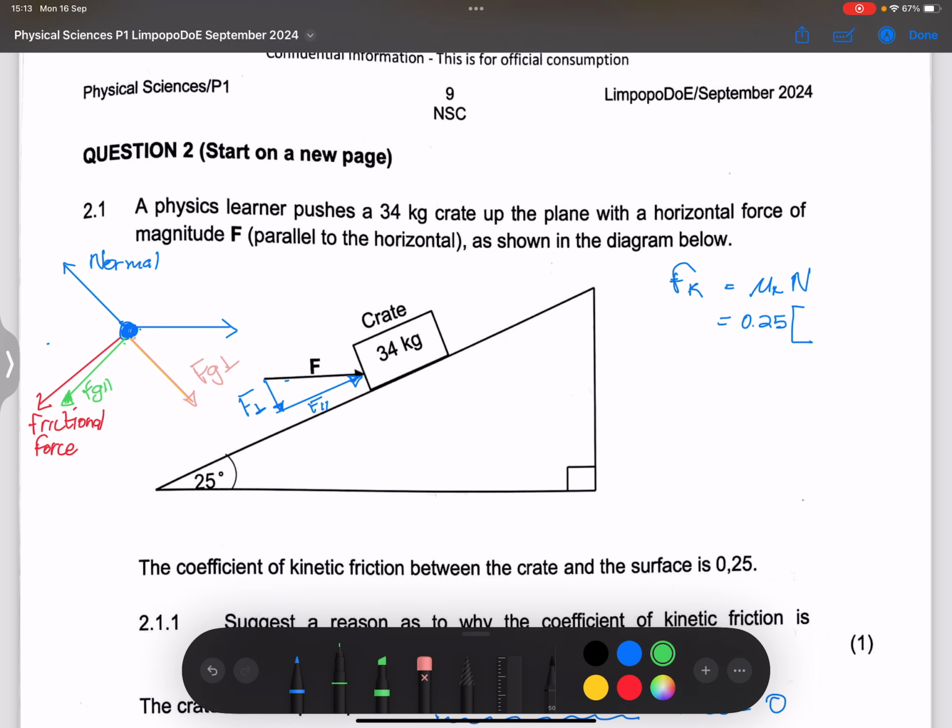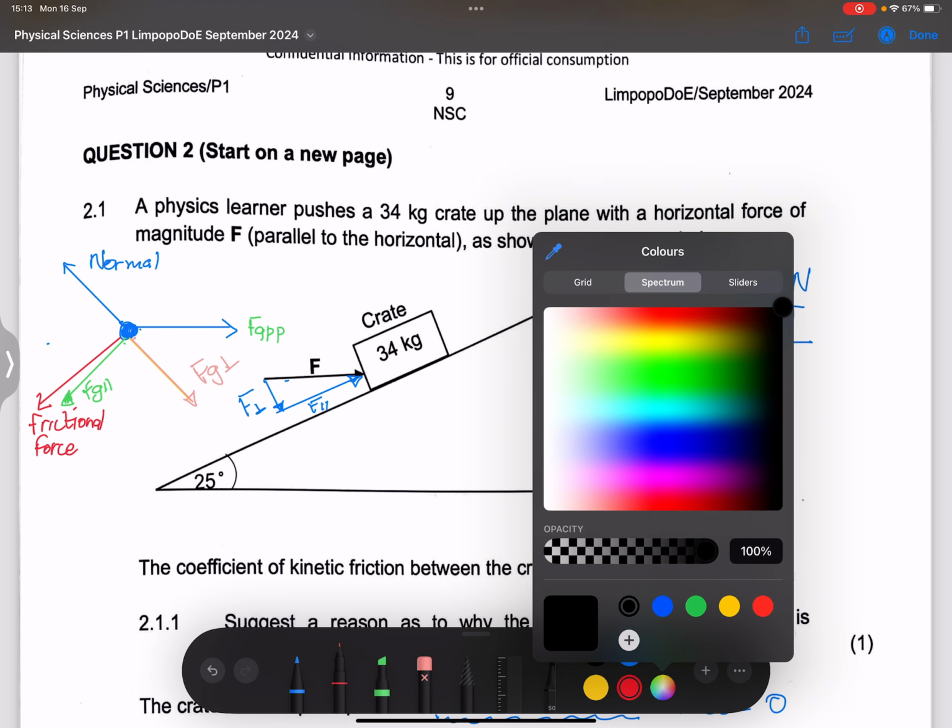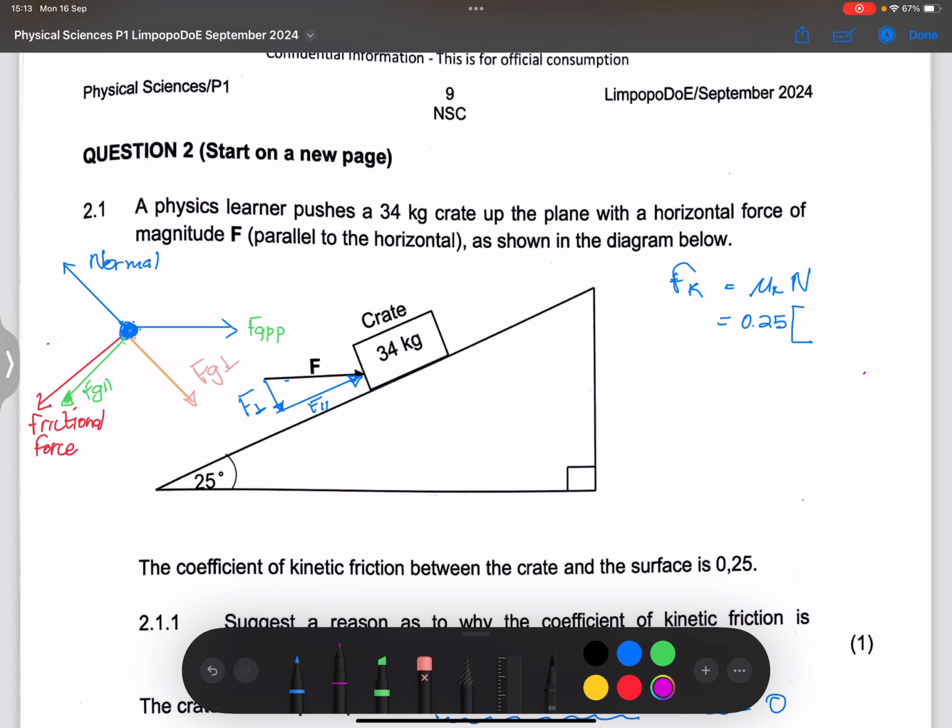Also, remember for the applied force, we said there are 2 components, right? So again, I am drawing the components of the applied force. It's going to be F parallel, but we also have F perpendicular, which is going down like that.